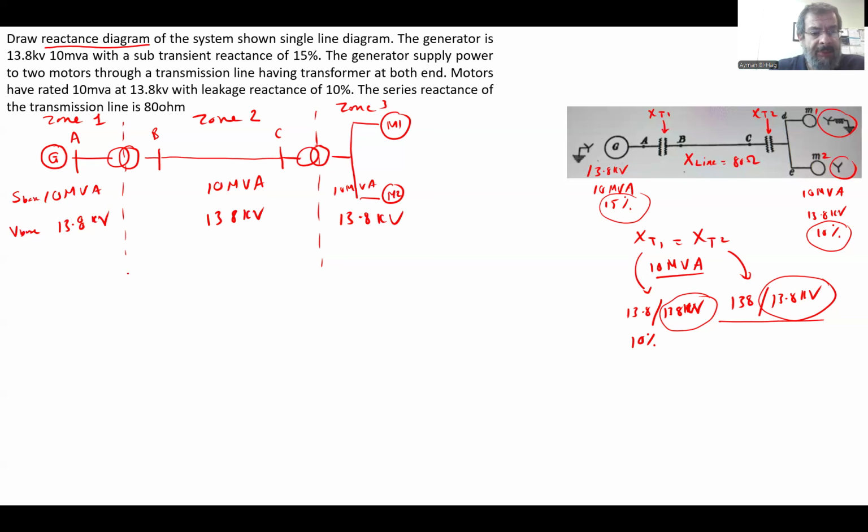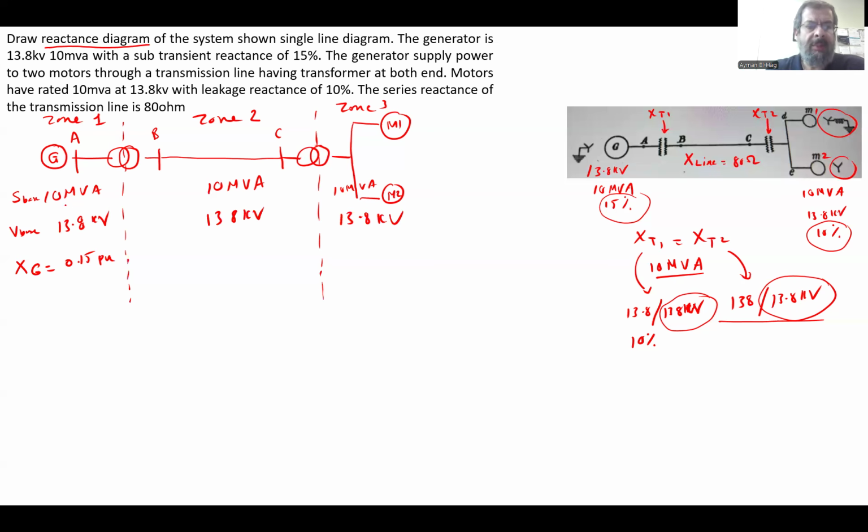Now XG is equal to 0.15 per unit, or 15%. I don't need to do anything here; I will just keep it as it is, because the rating of the generator and the S base, V base are matching.